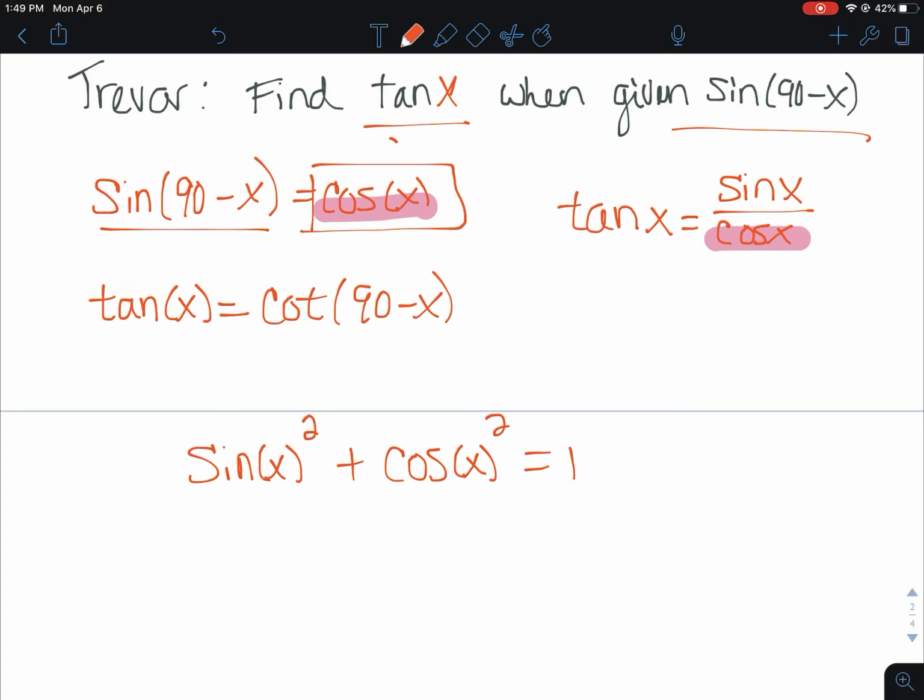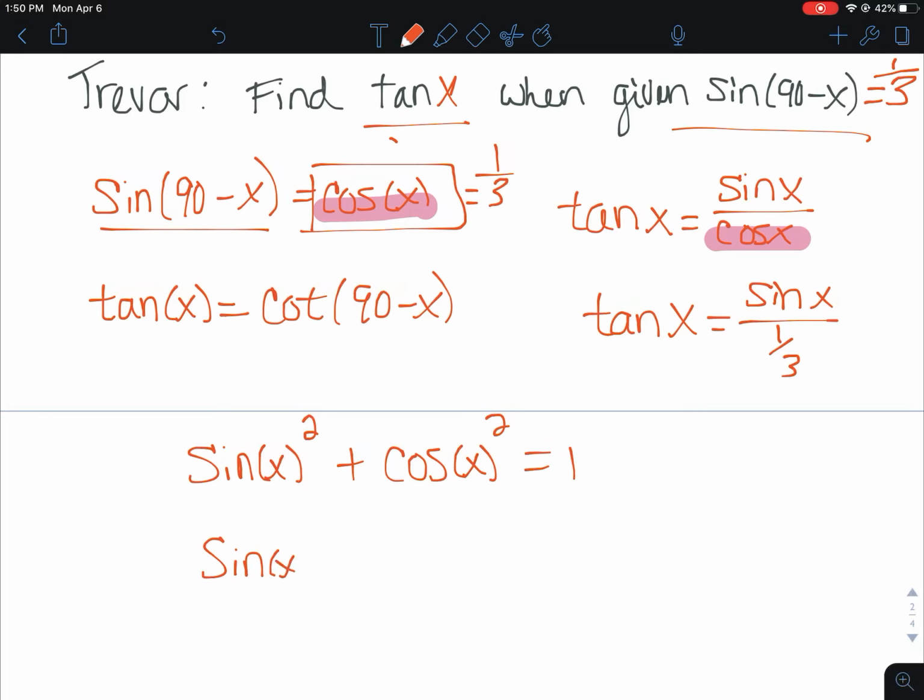So sine of x we don't know, but cosine of x, let's say the sine of 90 minus x is 1/3. All right. Well, then the cosine of x would also have to equal 1/3. So right now I have tangent of x is equal to the sine of x over 1/3.